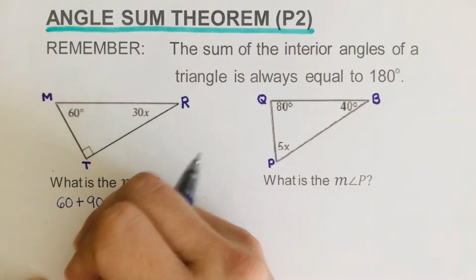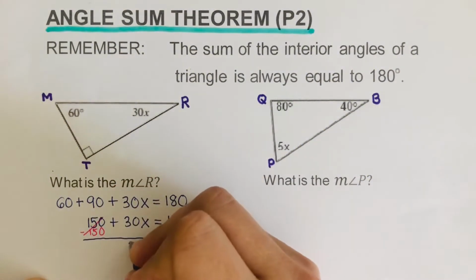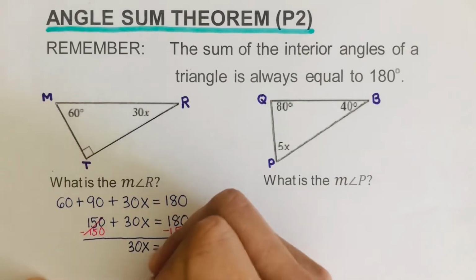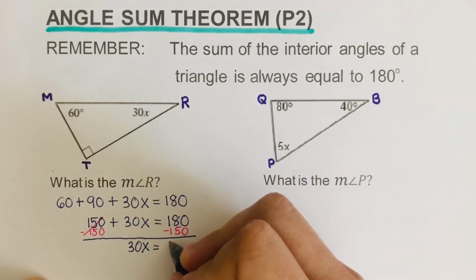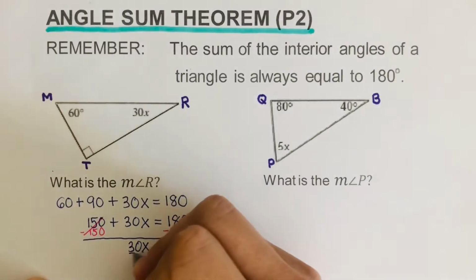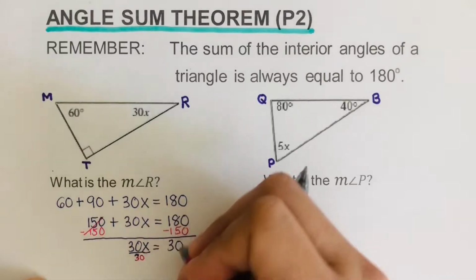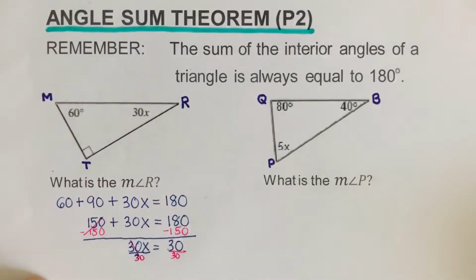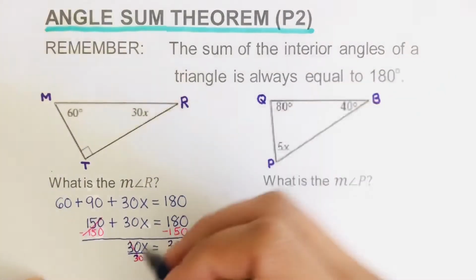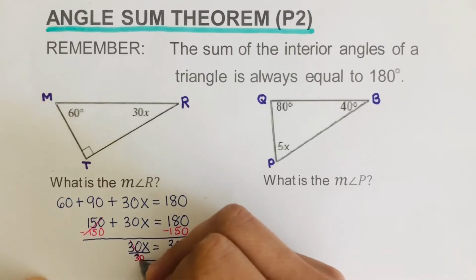So we can cross the 150 out, and we are left with 30x is equal to 180 minus 150, which is 30. And so we divide 30 from both sides, so we're going to divide 30 here and also over there. Then we are left with x is equal to 1, because 30 divided by 30 is 1.